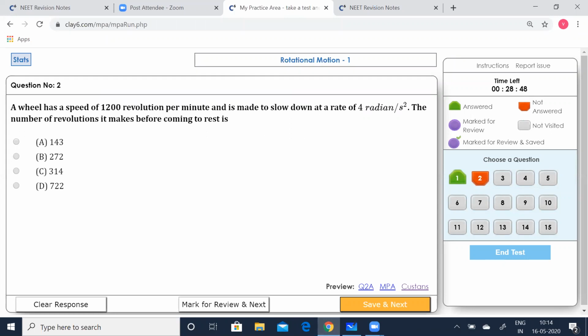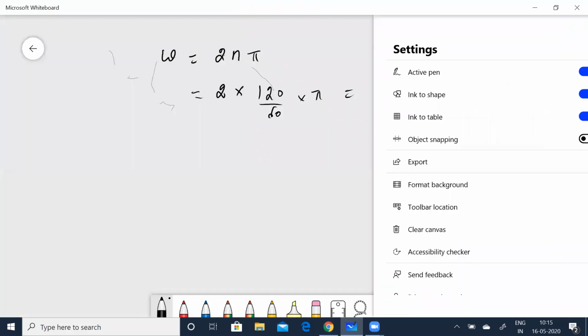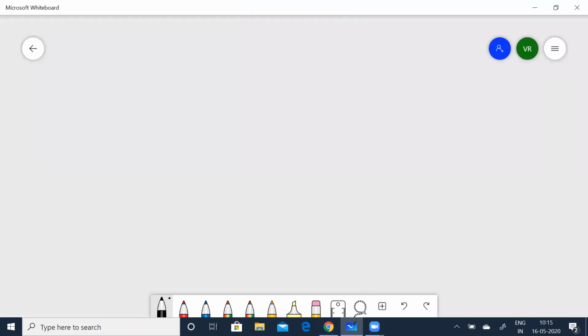A wheel has a speed of 1200 revolutions per minute and is made to slow down at the rate of 4 radians per second squared. The number of revolutions it makes before coming to rest is how much? Let me clear this. Now we have to read the question and assess what details are given here.